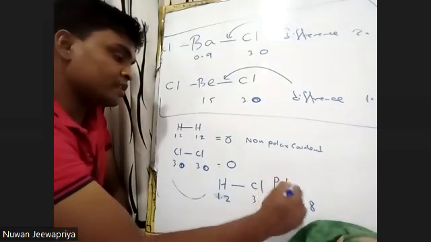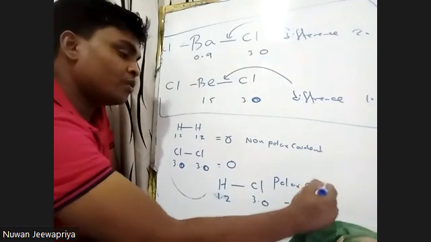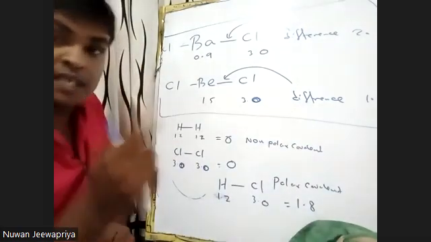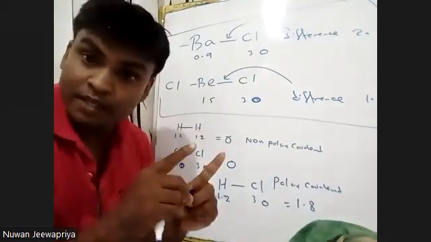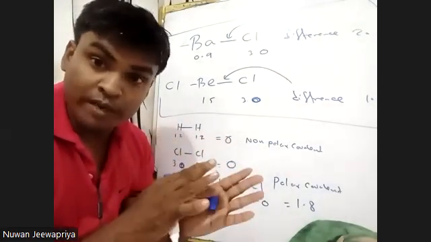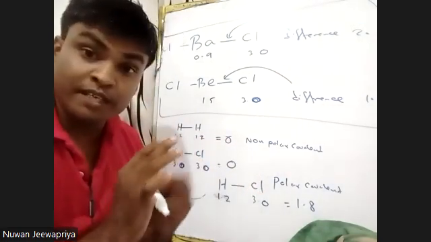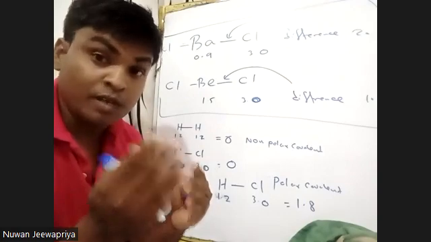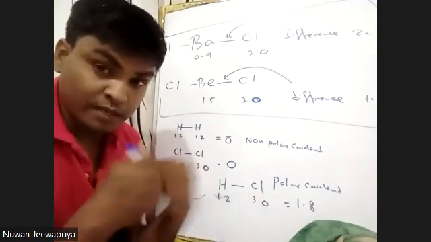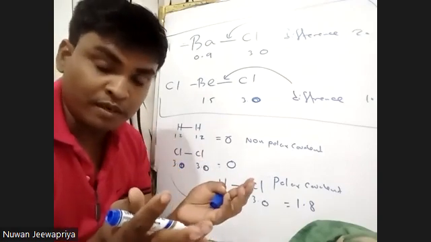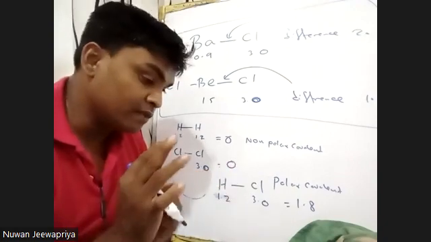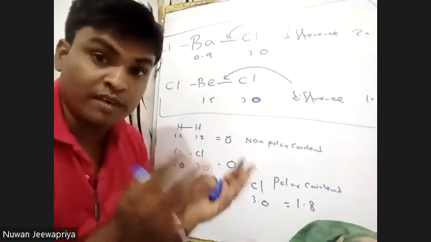Polar covalent. We discussed that if the difference is 0, non-polar covalent. If the difference is between 0 and 2.1, polar covalent. If the difference is more than 2.1, ionic.